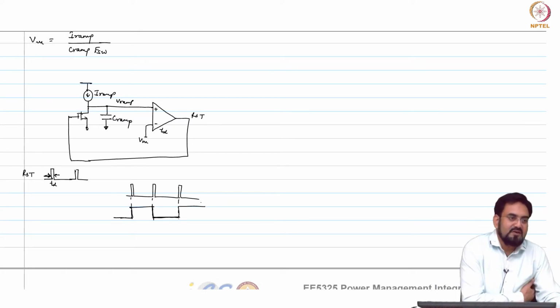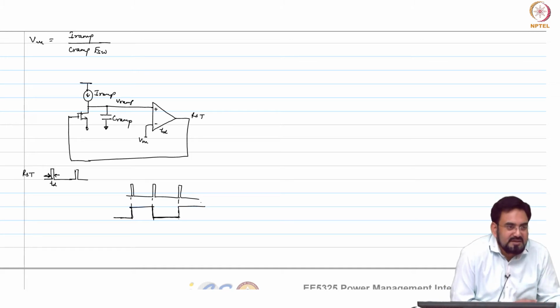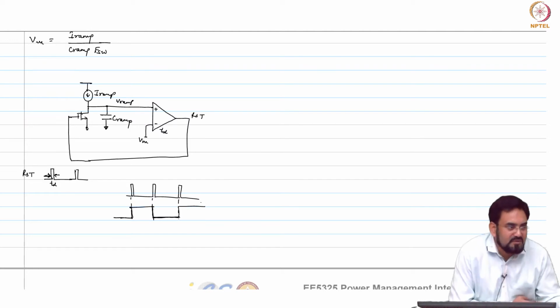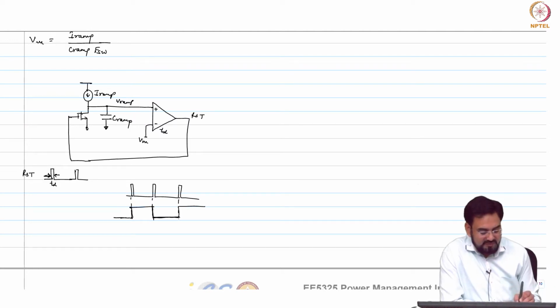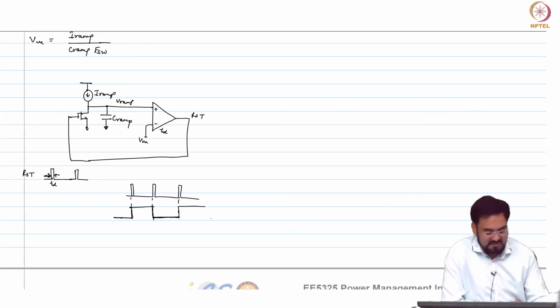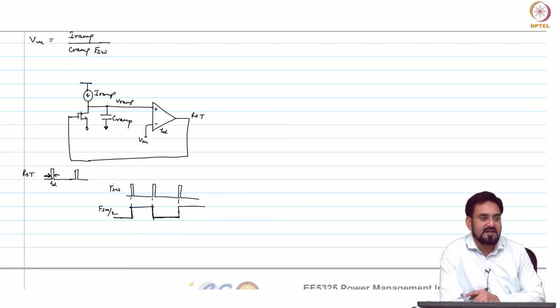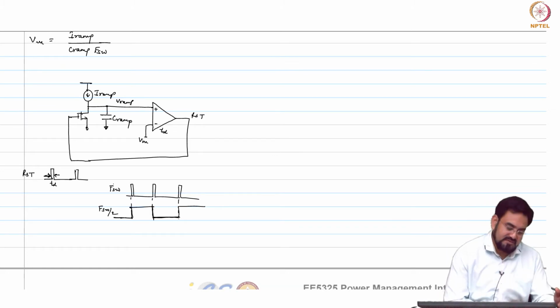You can use a T flip flop. It's just a counter. Divide by 2, divide by 4, modulo 2, modulo 4, that's a counter. So the output of your flip flop will be half of this frequency, but with 50% duty cycle. So if this is FSW, this will be FSW by 2, which means if I want FSW, then I have to run it at 2x frequency. That's it.